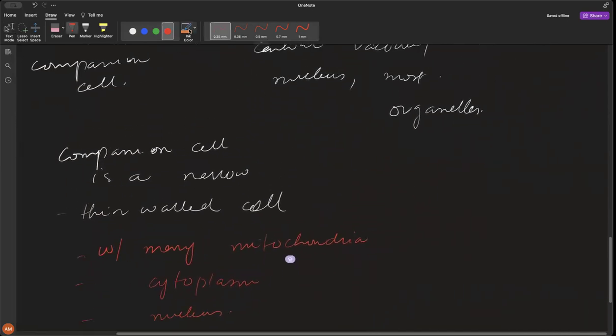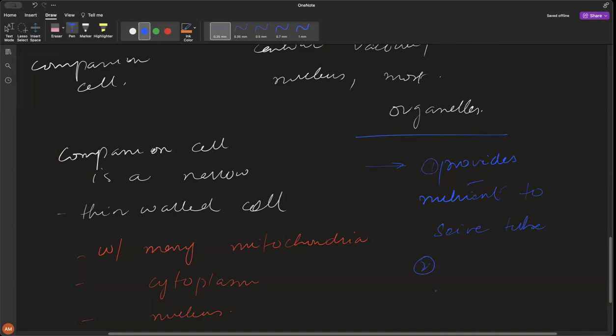What is the function of the companion cell itself? The companion cell basically provides nutrients to the sieve tube, number one.